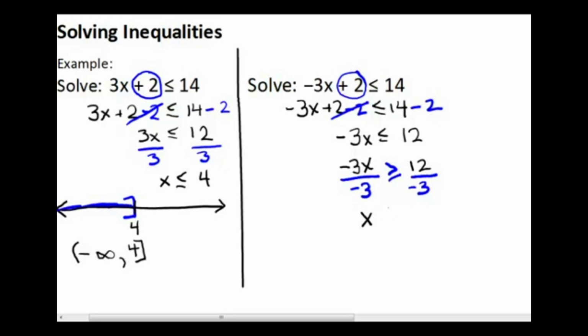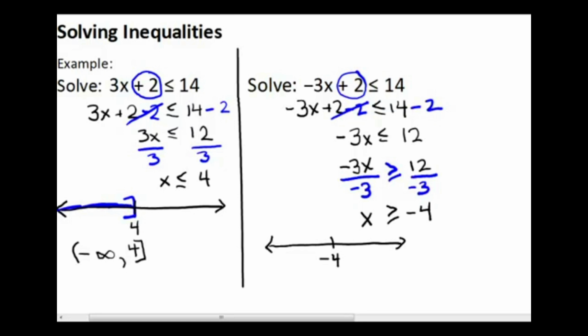So we have x is greater than or equal to -4. It's because we're dividing by a negative coefficient that we flip the symbol and go in the other direction. So we can graph, number line graph, show your endpoint, -4.